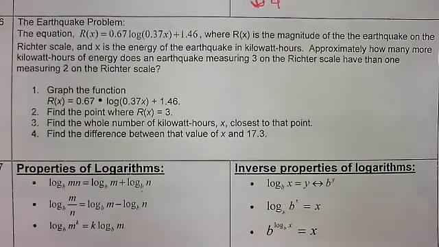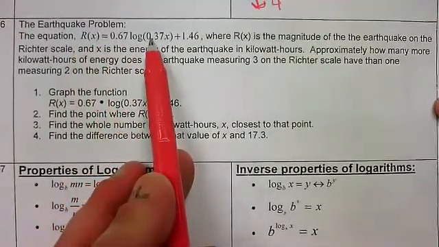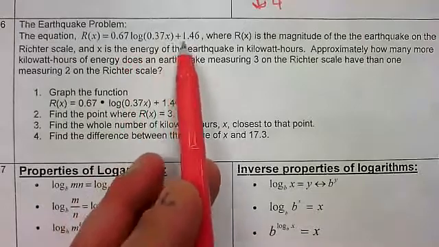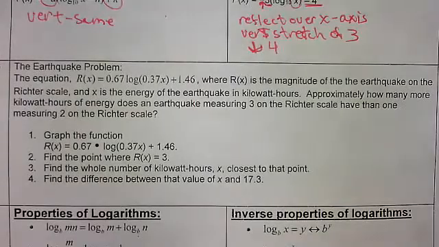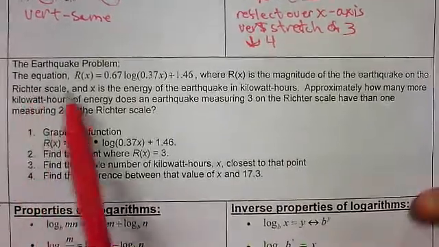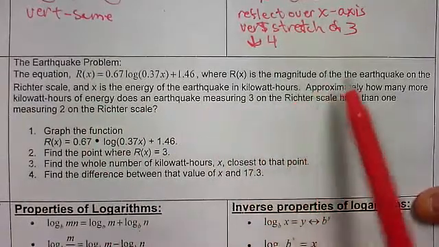Here is a formula: R of x equals 0.67 log 0.37x plus 1.46, where R of x is the magnitude of the earthquake on the Richter scale, and x is the energy of the earthquake in kilowatt hours.